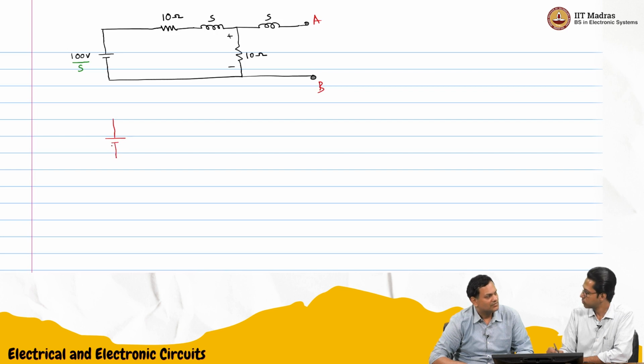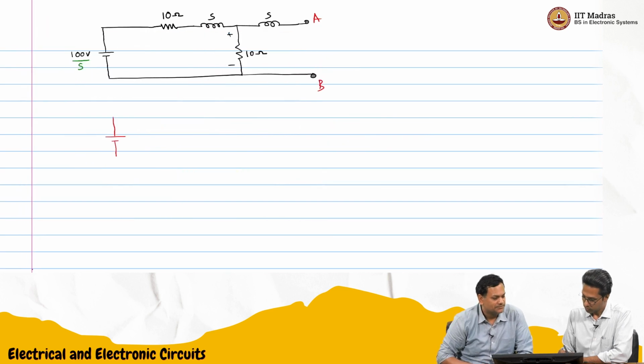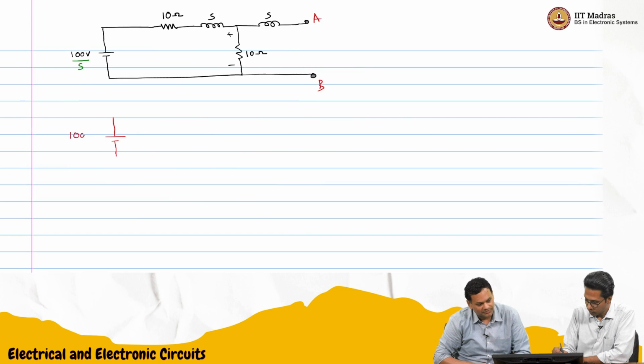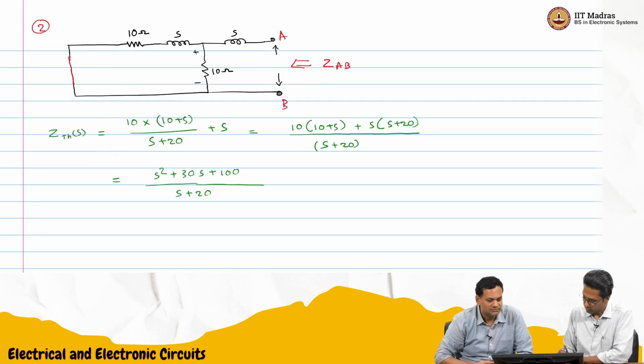Should I mark the voltage source like this? That is fine. We can draw the voltage source like this, no problem. So VTH was? VTH, okay, I think I've forgotten. 1000 by S into S plus 20. S squared plus 30S.